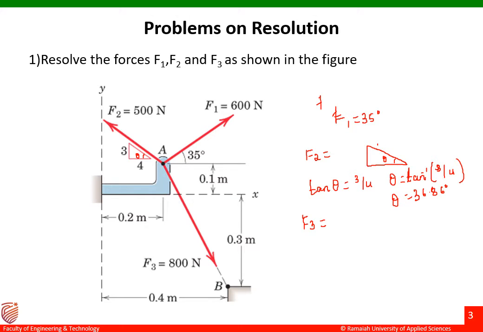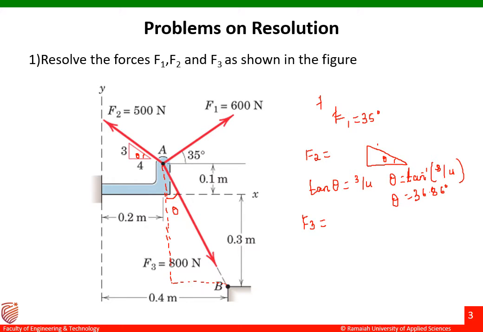Coming to F3, we don't know the angle made by the force with respect to horizontal, and we don't know the slope either. Now what we'll do is drop a perpendicular like this from this point to this point, and then again draw a perpendicular to this point B. Here this makes a triangle.